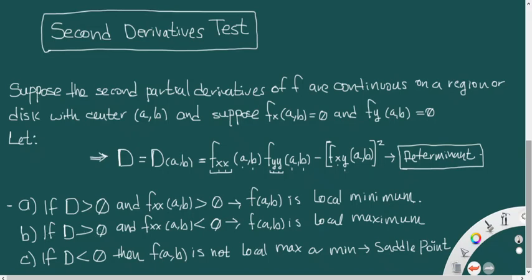If the determinant is positive and the second partial derivative with respect to x is negative, then the critical point is a local maximum. If the determinant is negative, then this is neither a local maximum nor a local minimum, and this is considered a saddle point. Okay.